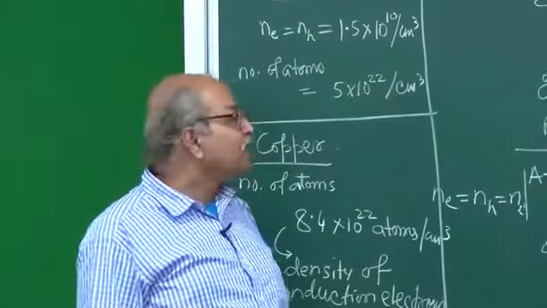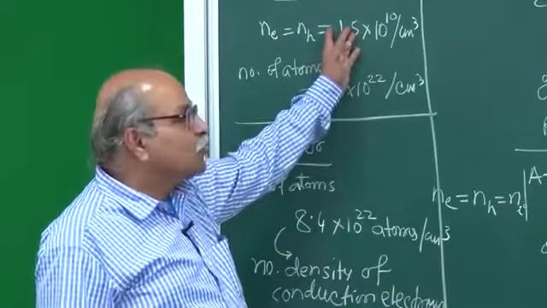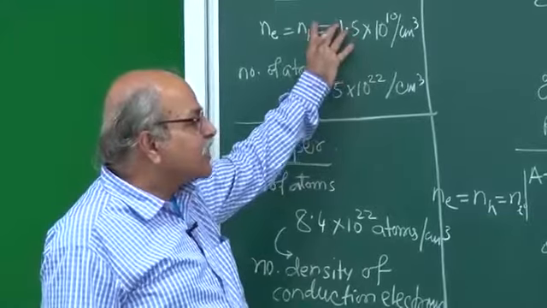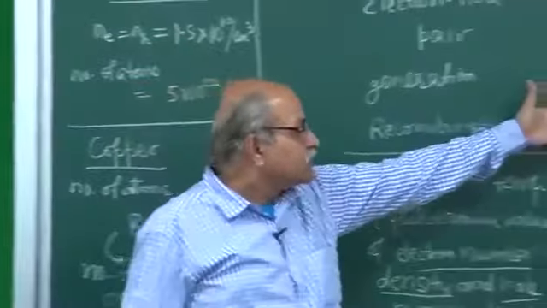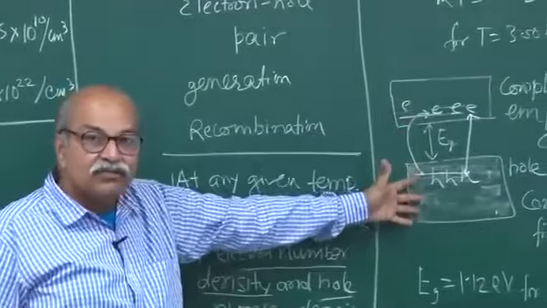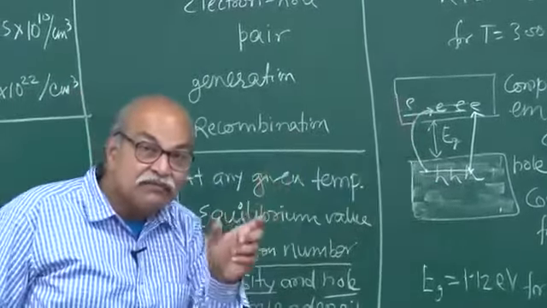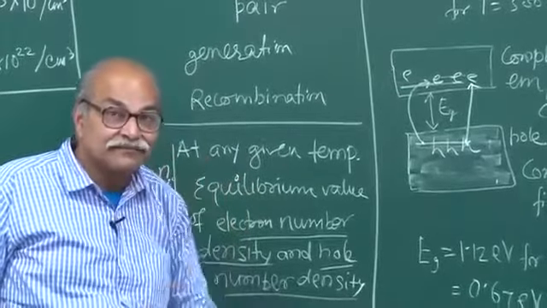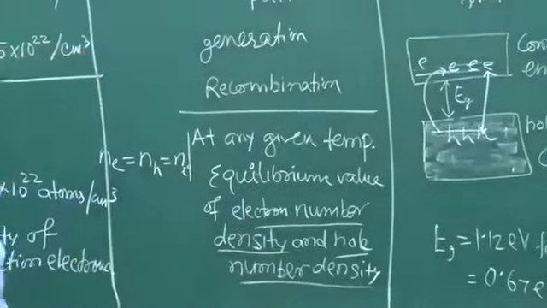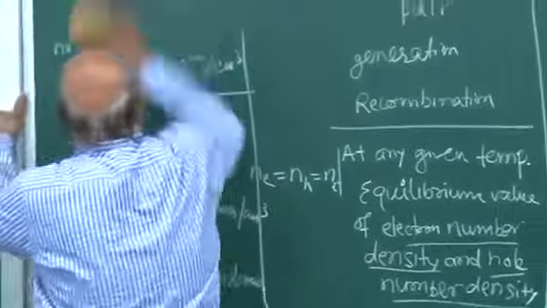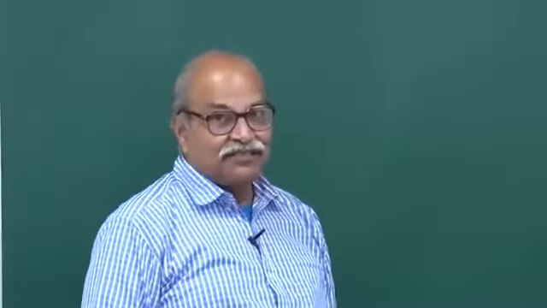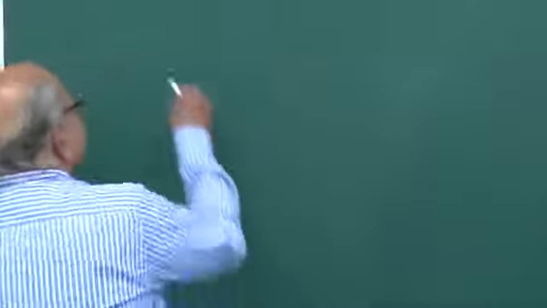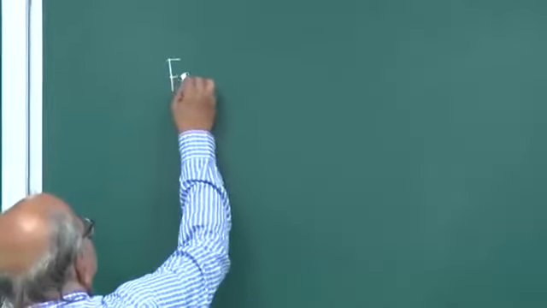Now what decides this number? What decides that at this temperature these many conduction electrons and these many holes should be there? This is the equilibrium number. What decides that? That is decided by a function which is known as the Fermi function.